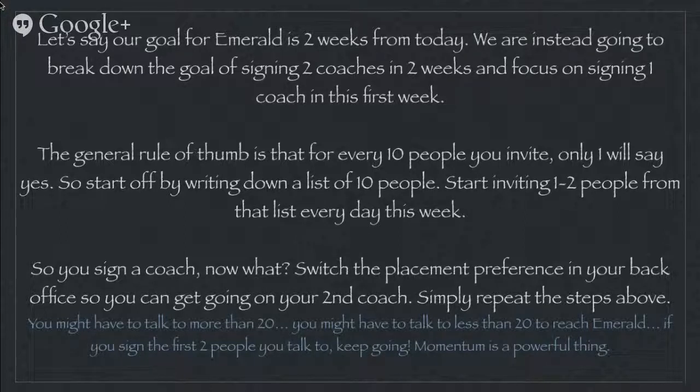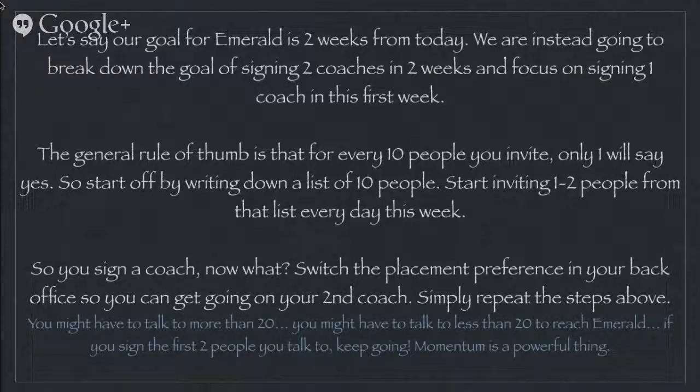So let's say you finish talking to your 10 people, 1 person says yes. So you sign them up as a coach. Now you need to go into your back office and switch the placement preference so that your second coach goes onto your second leg. And you're going to repeat the steps above. Write down your list of 10 and start inviting.